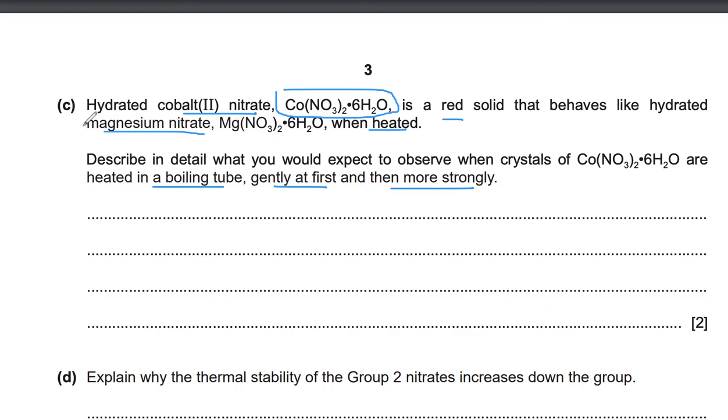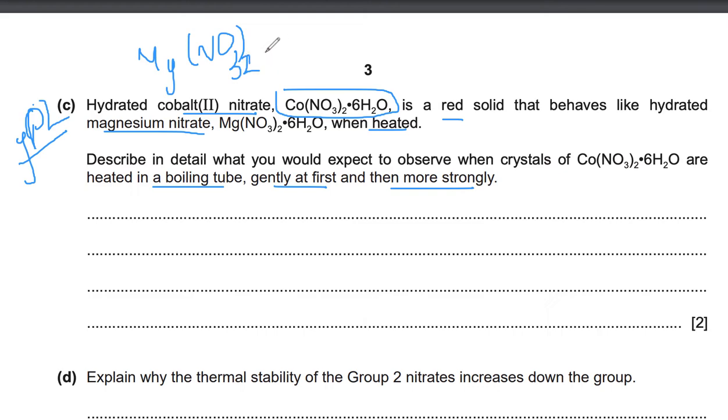So it behaves like the group 2 salts, and we know that when group 2 nitrates are thermally decomposed, what do they form? When magnesium nitrate would be thermally decomposed, what that would form is, let me tell you, so it's 2.